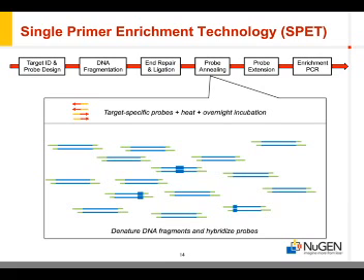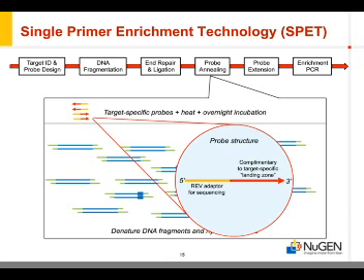And if we look a little bit more closely at the structure of this, we can see that not only do we have a sequence-specific probe that's going to hybridize to our probe landing zone, but we also have a sequence that is the reverse flow cell adapter sequence that will allow us to have a complete library molecule for sequencing.